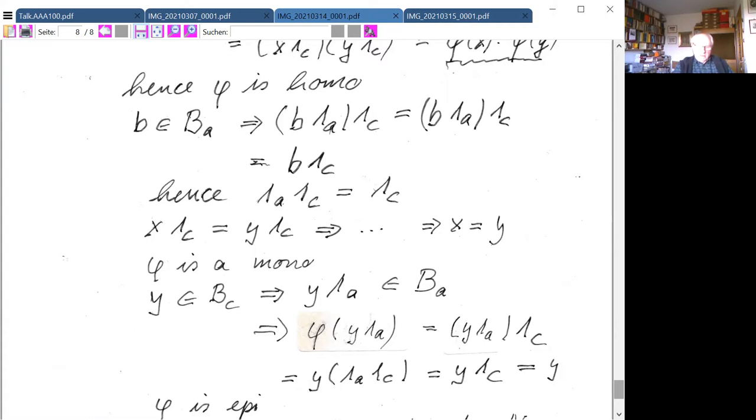And if x and y are under this mapping, which we consider equal, then after a few trivial calculations, we get x equals y, and this means that phi is a monomorphism.